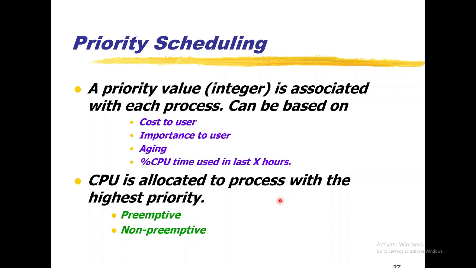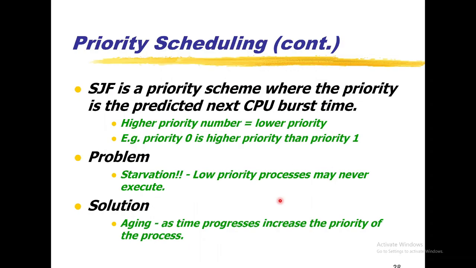So the CPU is allocated to processes with the highest priority. There are two types of priority scheduling: we can have preemptive and we can have non-preemptive. Preemptive means it can be stopped. Non-preemptive means that once it starts, it has to finish.